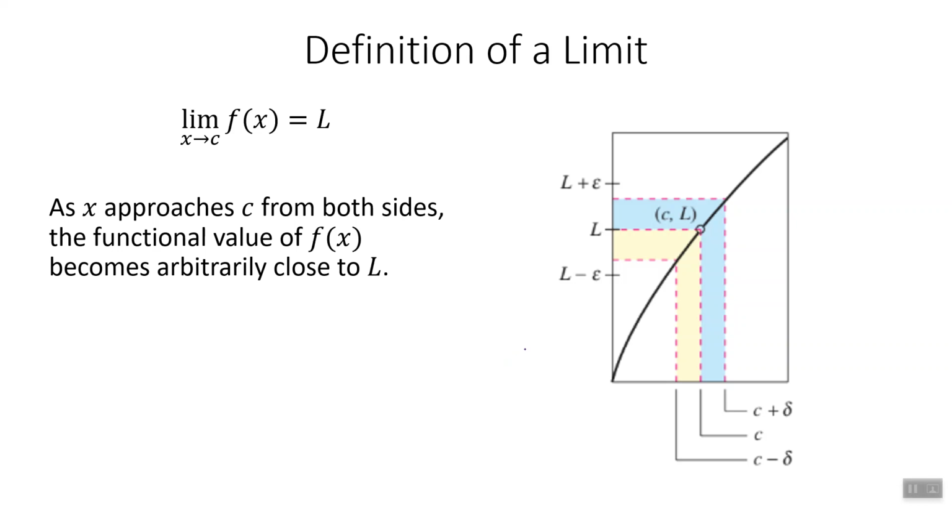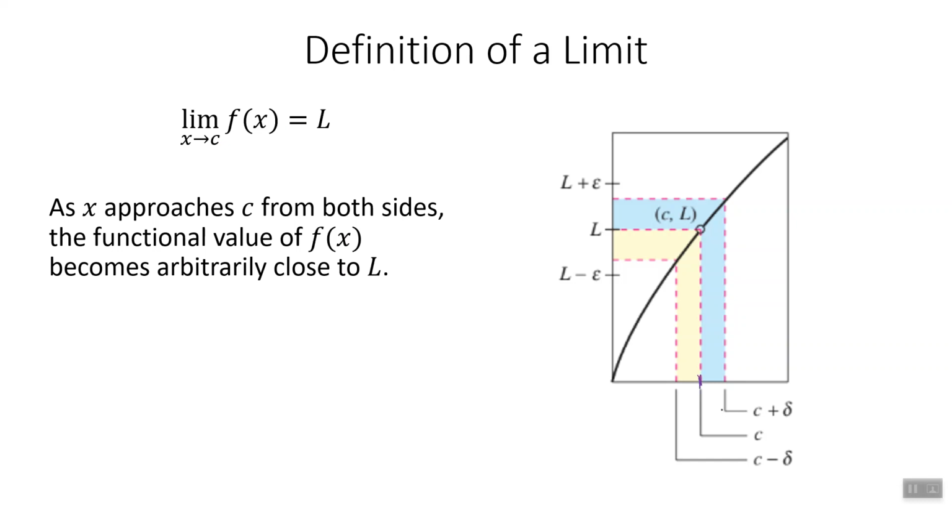All right, and the other thing, I just wanted to show you this. We're not going to do anything with it, but this is the actual definition of a limit. So as x approaches c from both sides, limit as x goes to c of f of x equals L, the function value of f becomes arbitrarily close to L. So here's c right here in the middle.